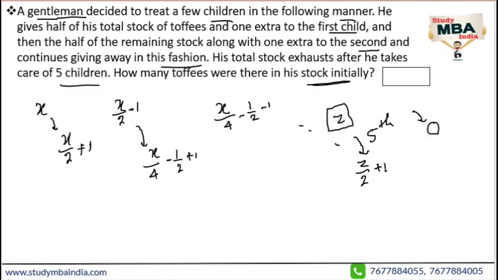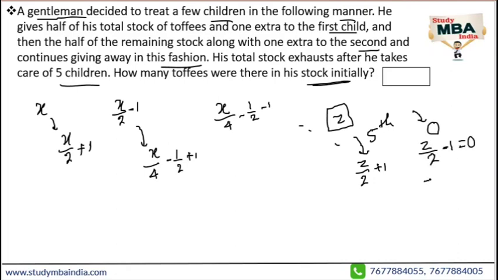Am I clear? After giving z/2 plus 1, he's left with 0 chocolates, which means he is left with z/2 minus 1, and that z/2 minus 1 is 0.